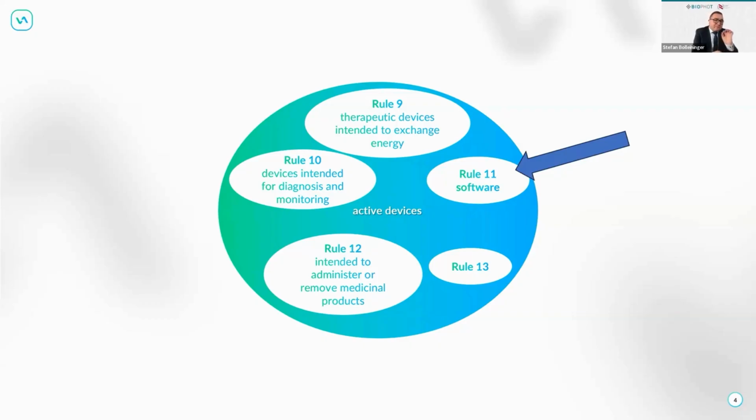One thing you need to discover as well: you might have a physical active medical device, like a patient monitor, which includes software, like firmware. Then the question is, is the software extending the product more than it would be in its natural use as a patient monitor? If that's the case, the software needs to be classified according to Rule 11.